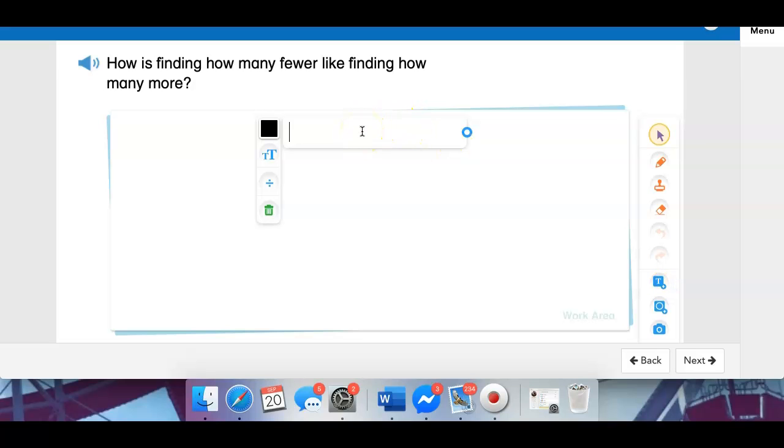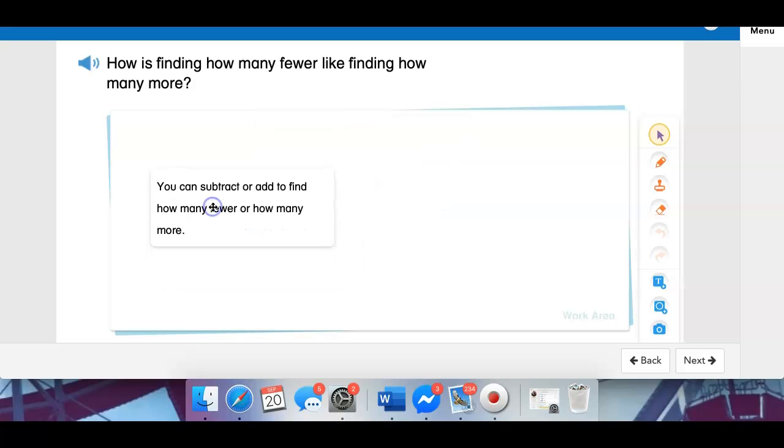So we can say you can subtract or add to find how many fewer or how many more. So we'll say that for our answer, and if you need to pause the video to write that down, go ahead and do so.